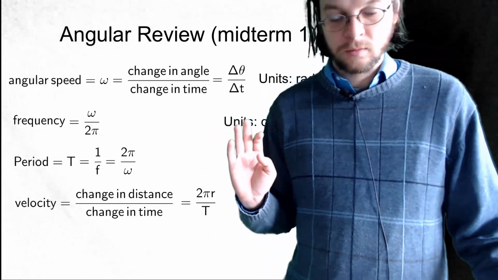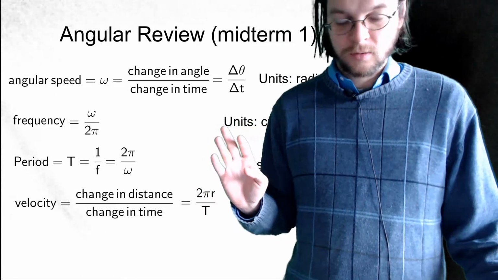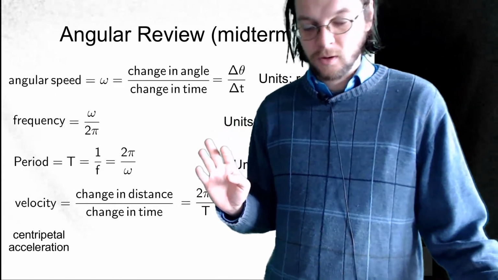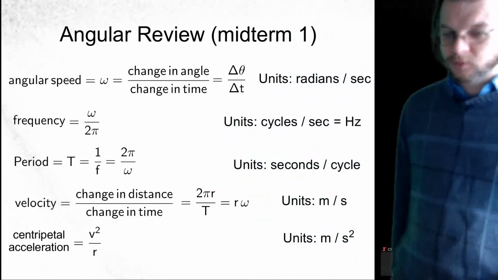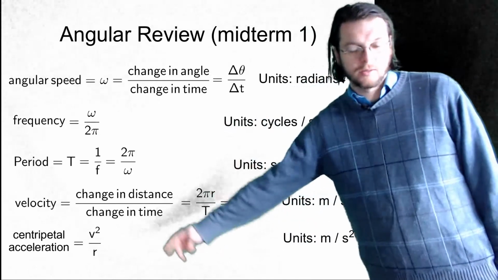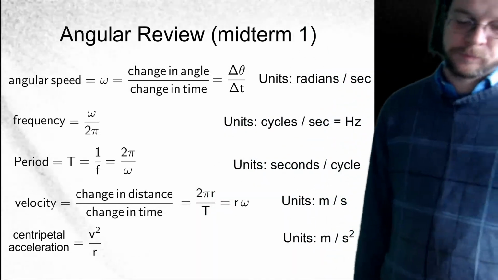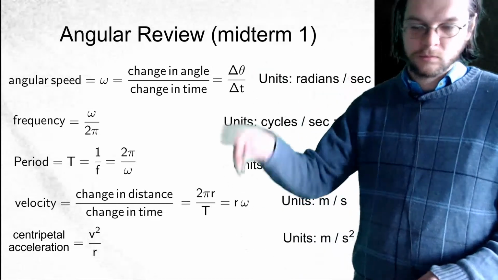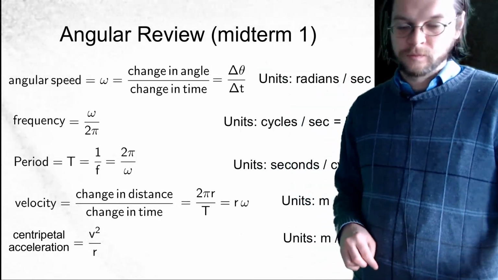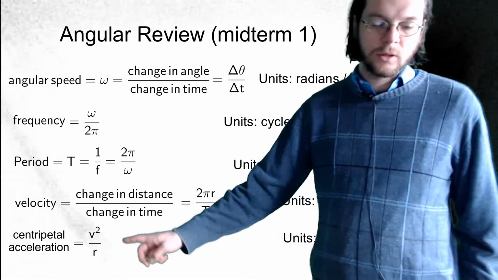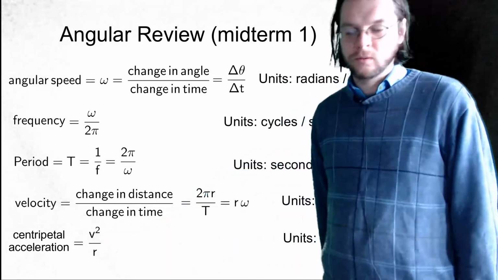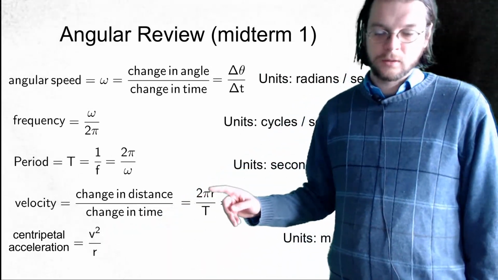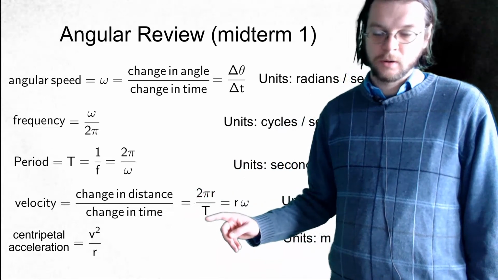And then the last part is the acceleration. So the acceleration is v squared over r. I had a whole lecture on why it makes sense that it's v squared over r. This is the acceleration at any point in making a circle. But what's interesting is that we know how the velocity relates to the radius and the period.